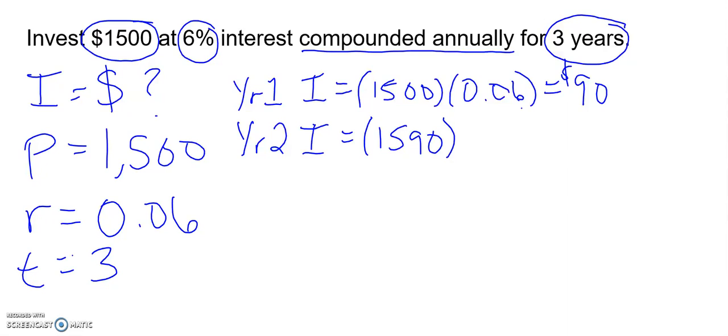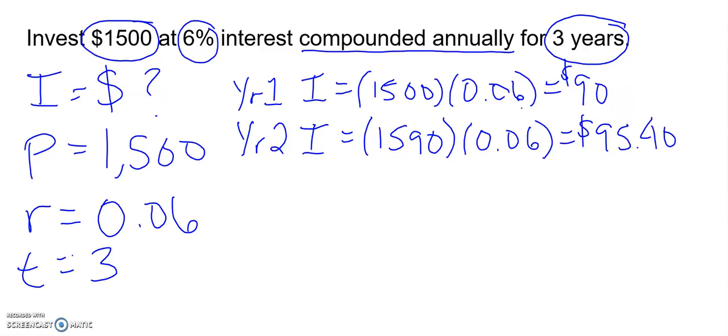So we're going to take our same formula and multiply $1,590 by 6%. And then when we do that calculation, we earn $95.40 of interest for year two.